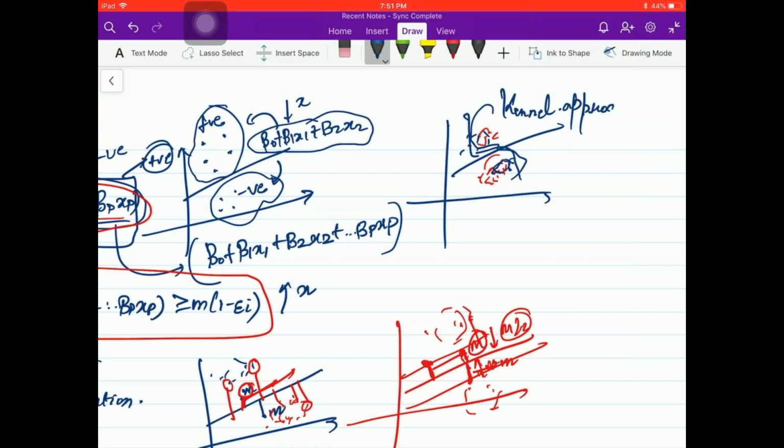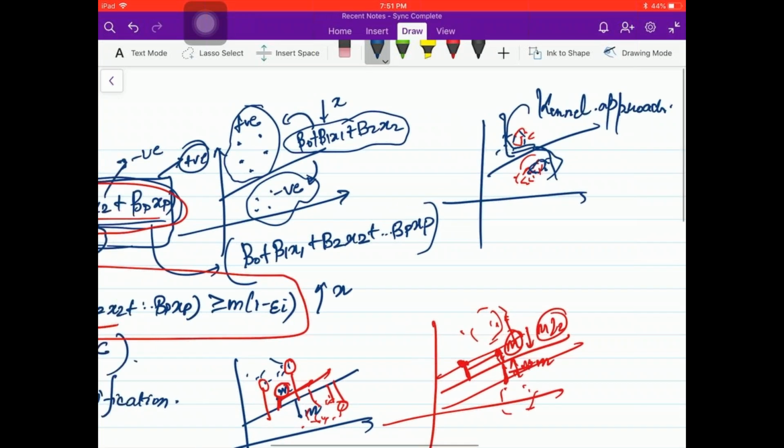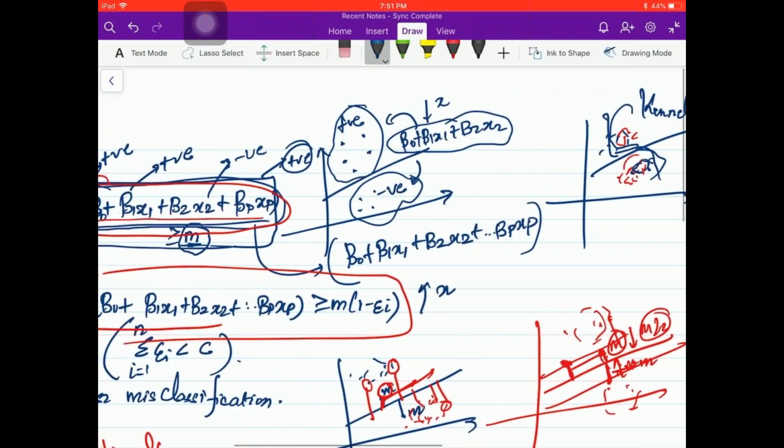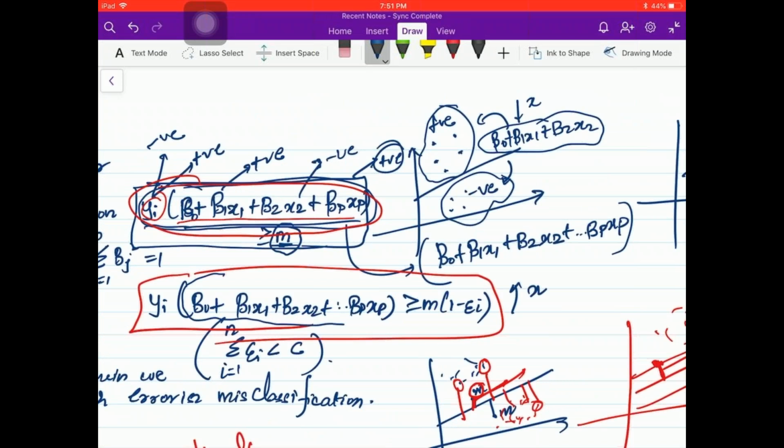So what you do in that case is you allow the line to be a little relaxed. You say, don't worry, you try to fit this, but have some leeway. Let some points go out of place.